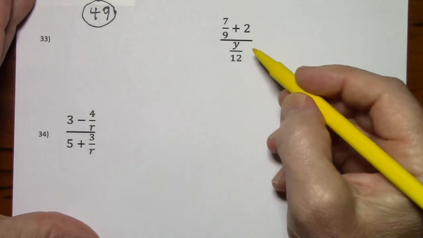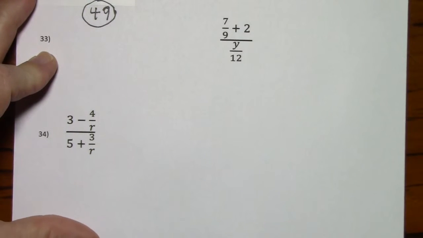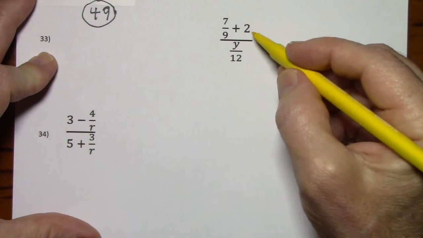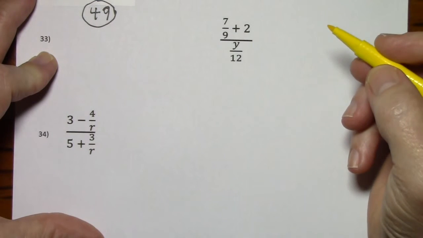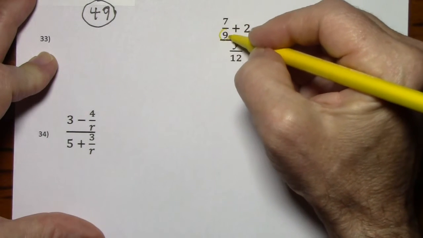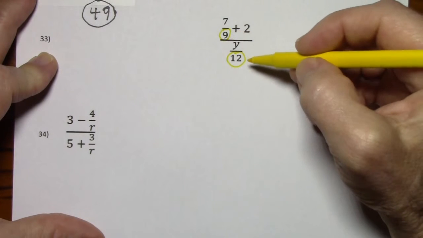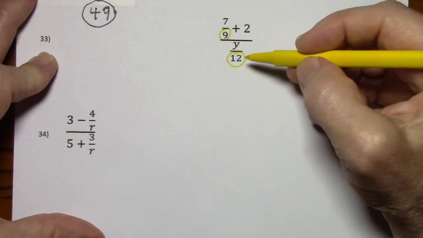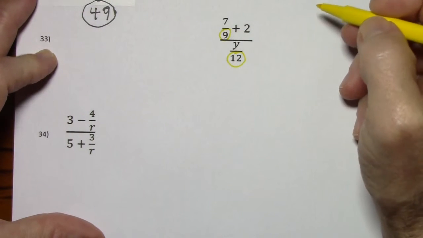I'm going to do 33 and 34 because we haven't done much work with complex fractions. I'm going to clean up the numerator and clean up the denominator. I'm going to multiply by the least common multiple of 9 and 12. You turn your attention to the denominators and you find the smallest number that 12 will fit into, that 9 will also fit into.